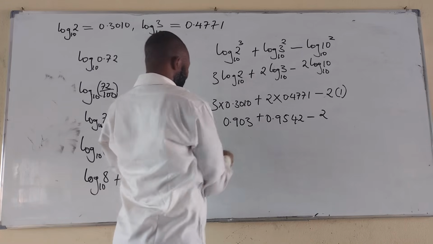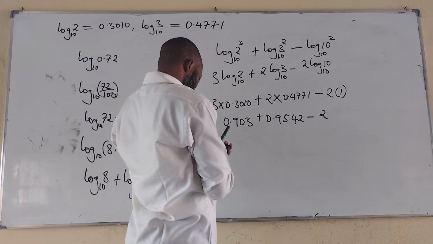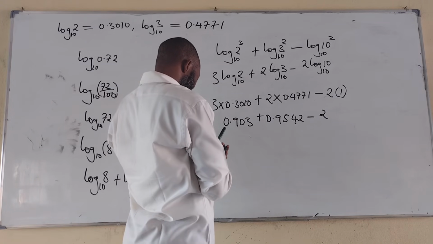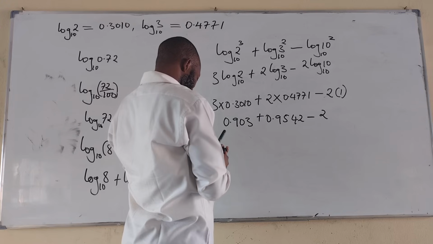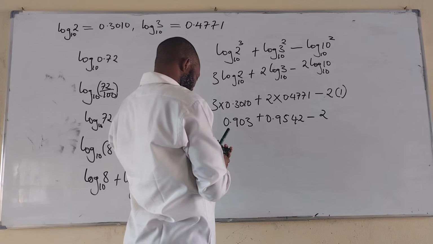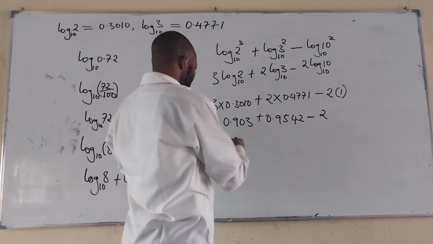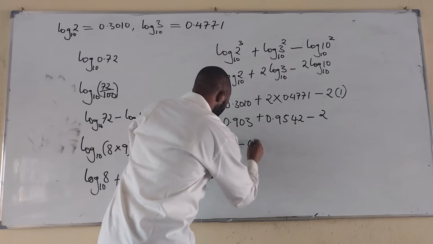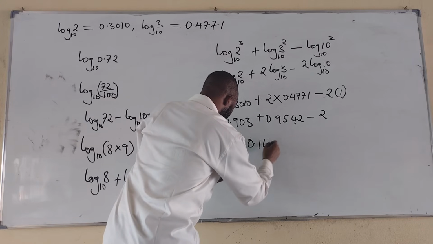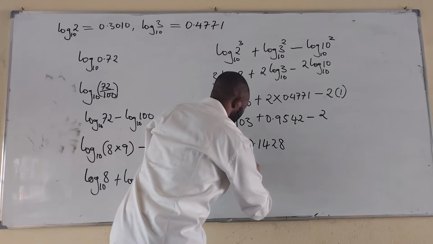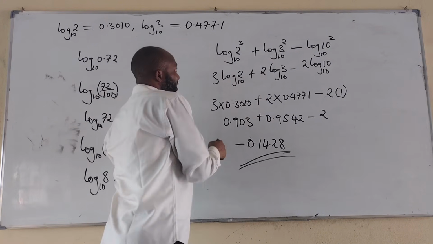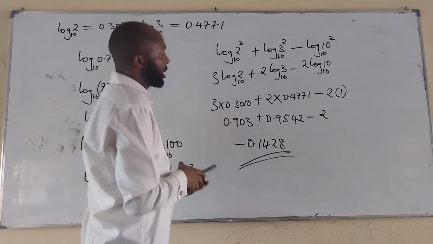So I add these two, 0.903 plus 0.9542, minus 2, gives me minus 0.1428. So this is my final answer.